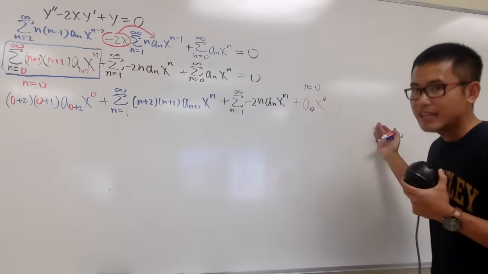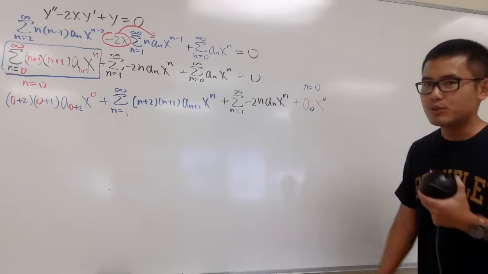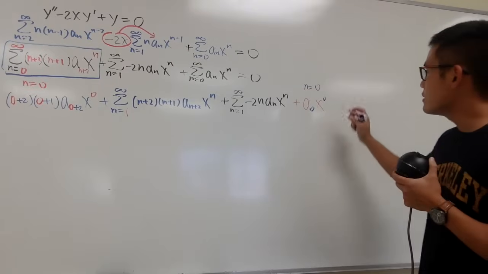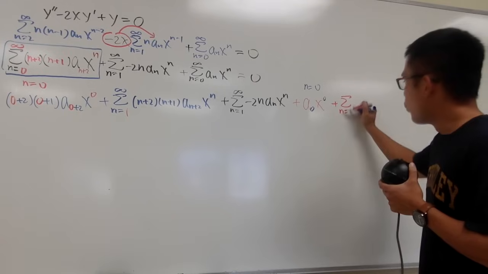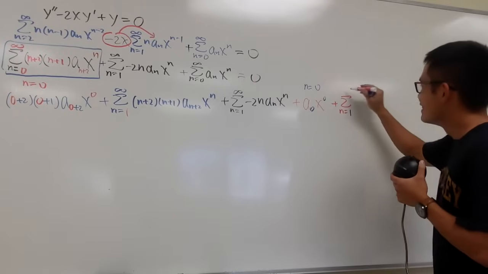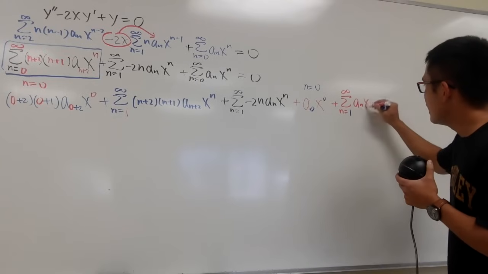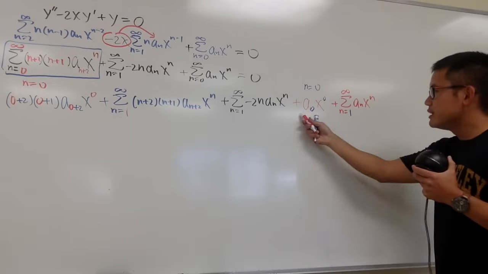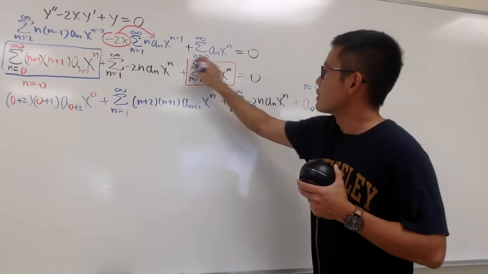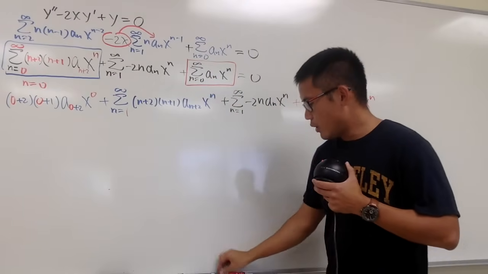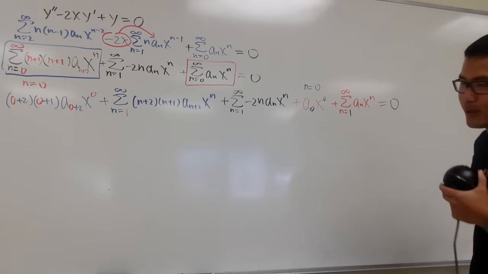And then anything after that is n equal to 1, 2, 3, 4, 5, and so on, but we can put them into the sigma notation. So we write plus the series when n starts with 1 to infinity of a n x to the n. And all in all, this is still equal to 0.